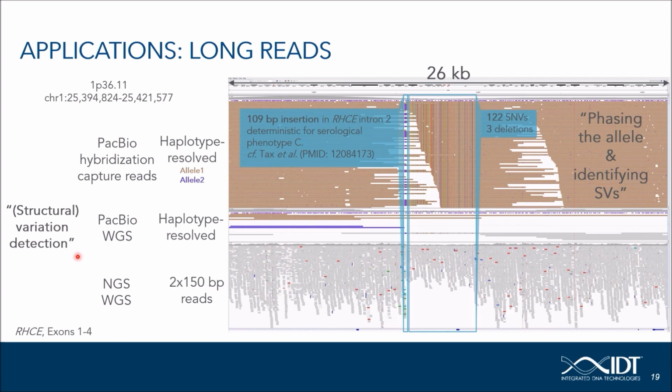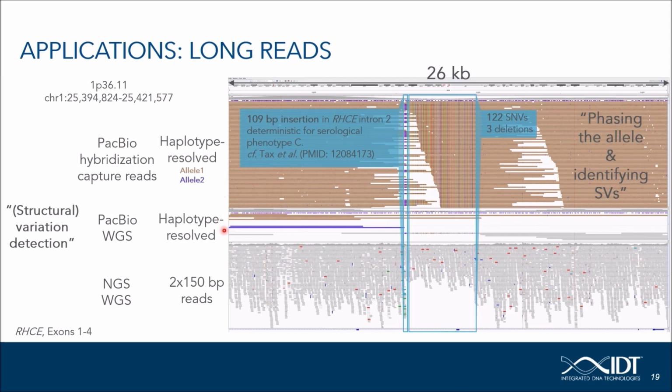This slide illustrates why capture enrichment of long fragments is the optimal way to go when the detection of structural variation is of interest in your application. On the right-hand side, you see IGV tracks representing different approaches in sequencing of the RHCE locus. In the top track, you see the hybridization enrichment and subsequent PacBio sequencing.